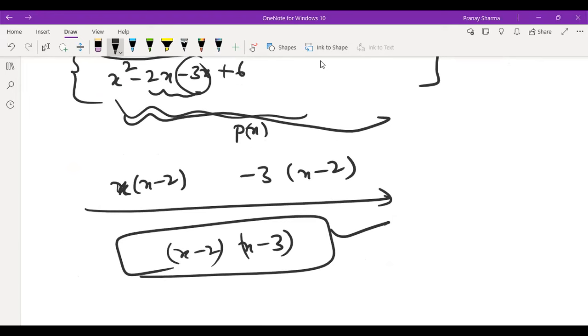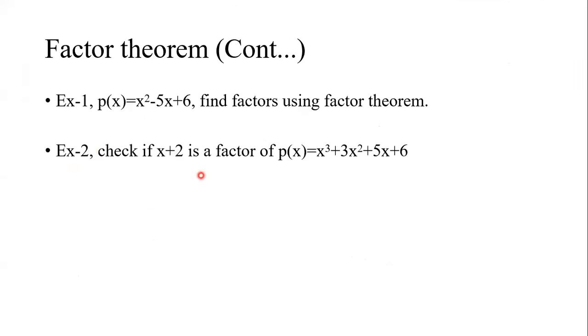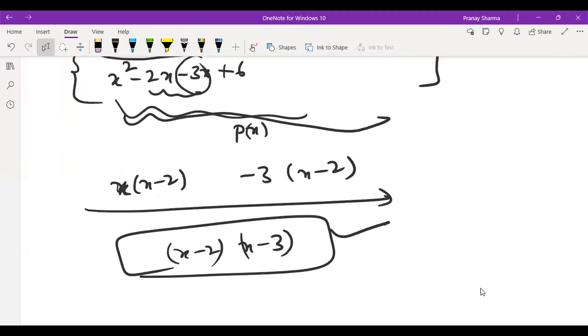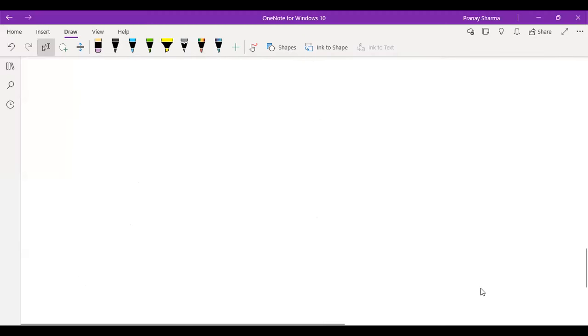Now let us move to the second point. We need to check whether x plus 2 is a factor of p of x. This is p of x. So let us write this in a few steps. Let me have some white space.